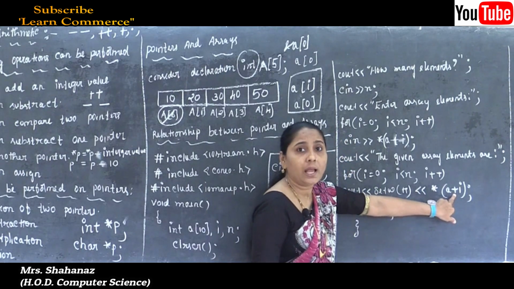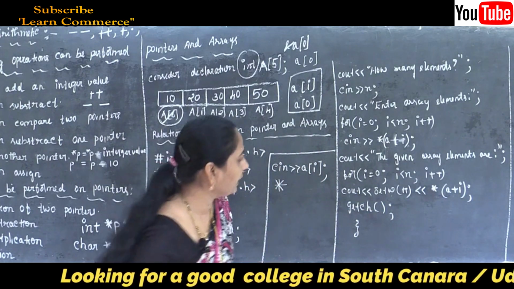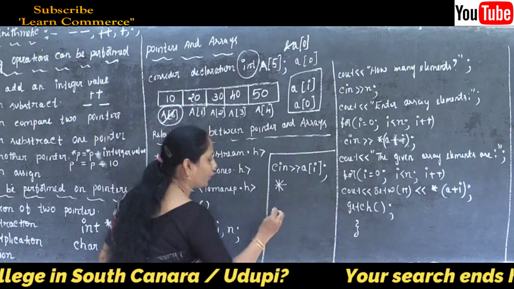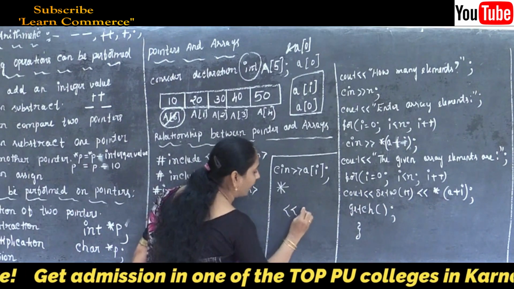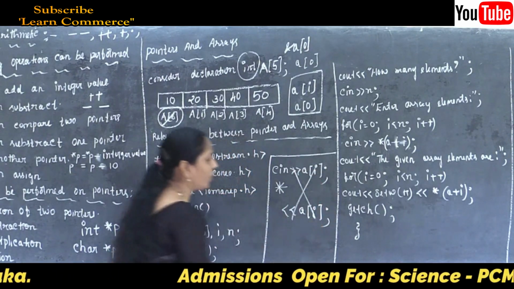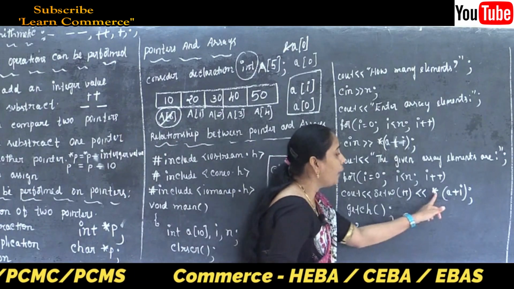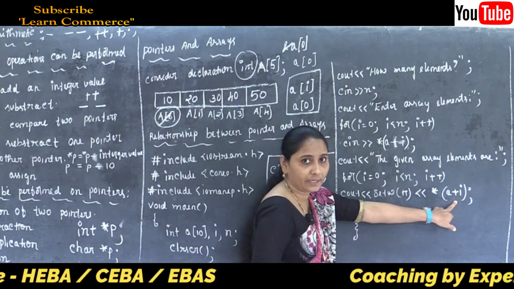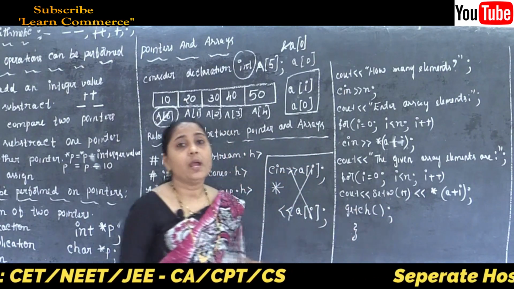Clear this point here. Otherwise, if it were an array program, after cout << setw(4) we would write a[i], but it is a pointer and array program, so we need to use *(a + i). Clear this point here, *(a + i), and then the closing of the curly bracket.